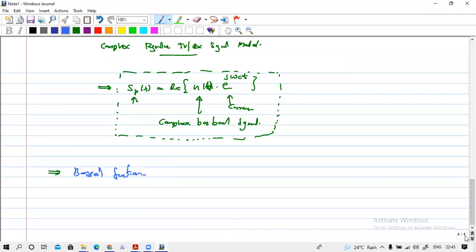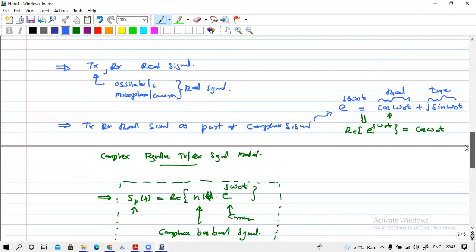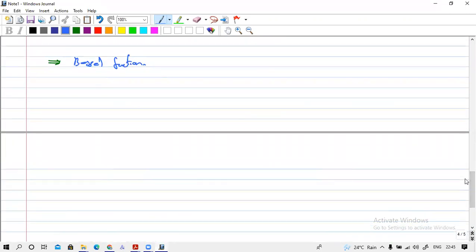You can skip this derivation if you are not interested, because this is not compulsory. We will try to do the proof. I will write our modulated signal again.